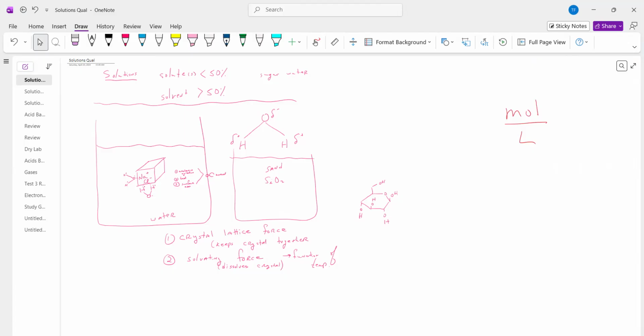Okay, so that's your introduction to solutions. Now, this is a qualitative one. Next week, we're going to get into the quantified side of it. Good old moles per liter. Now, this liter is liquid liters, not gaseous liters. They're not the same at all. They're entirely different. Gaseous liters is 22.4 liters per mole.